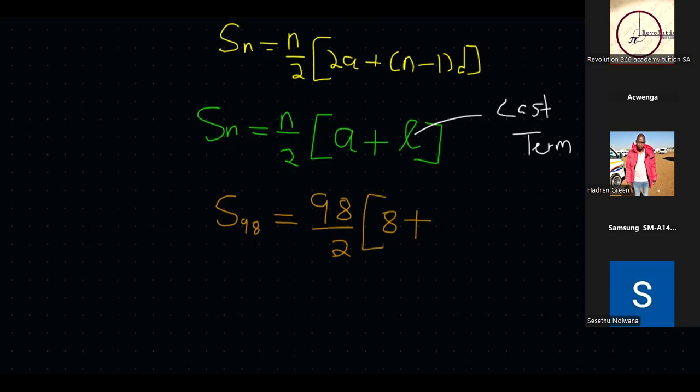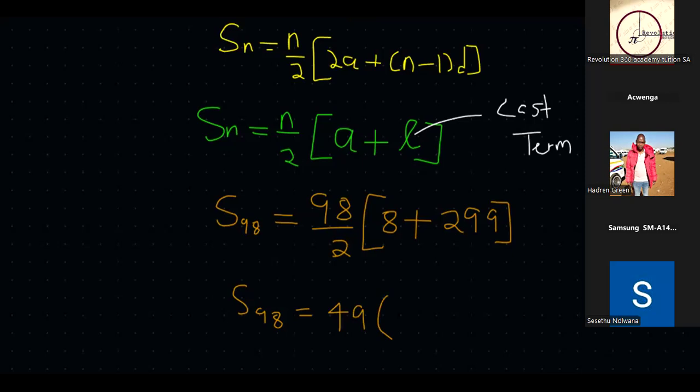Now we are 100% correct. So you say S98 because we're having 98 terms. It equals, what is 98 divided by 2? 49. You'll write 49, and then open bracket. What is 8 plus 299? 307.